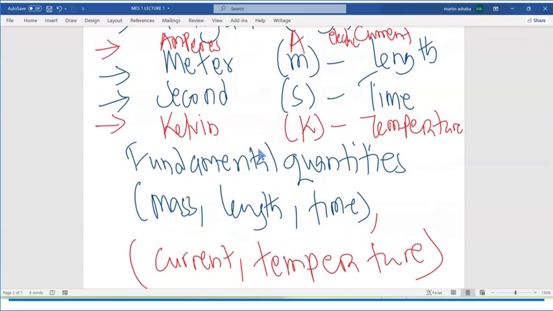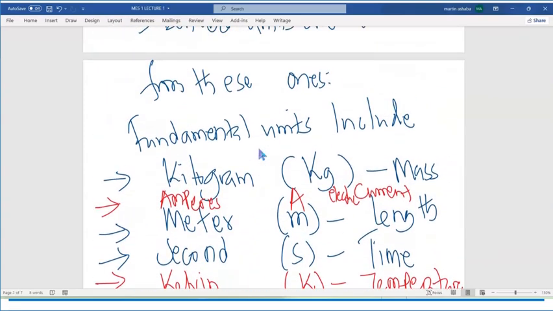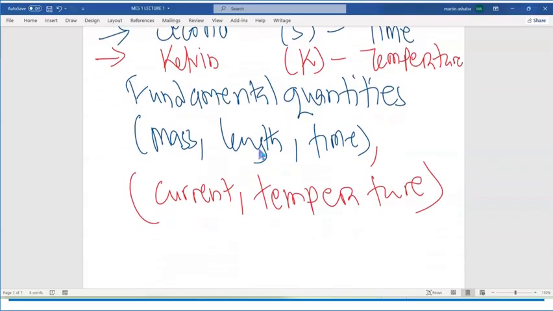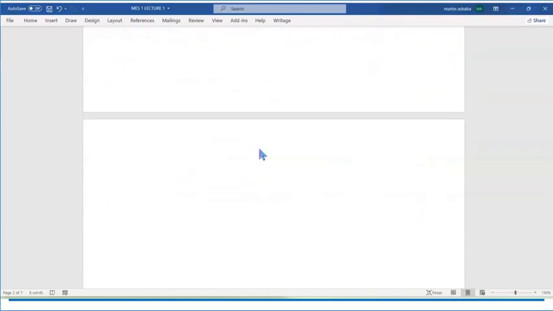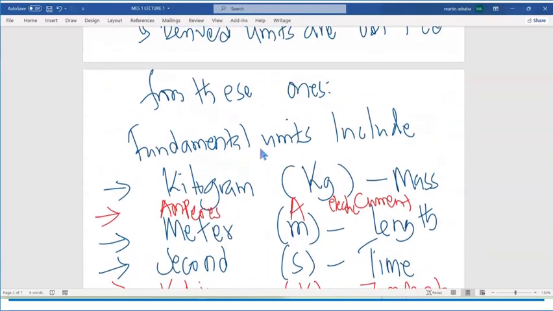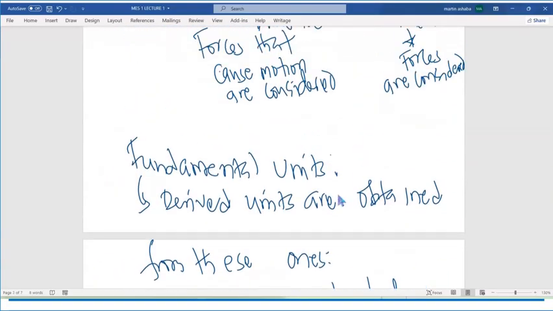So you can see we have fundamental units, we have fundamental quantities. So in simple terms, we said that fundamental units are the ones that give us the derived units.